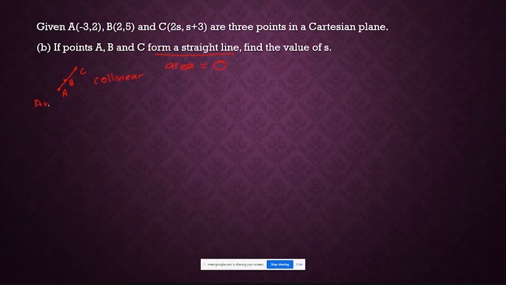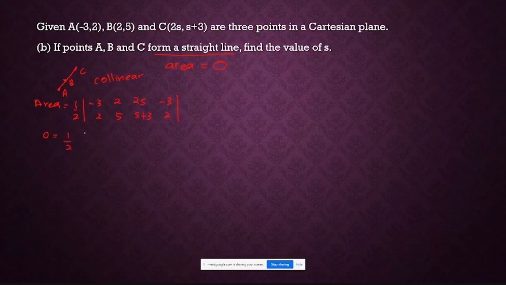The area again uses the symmetric 1 over 2. The points are (-3, 2), (2, 5), (2s, s + 3), and back to (-3, 2). So area is 0.